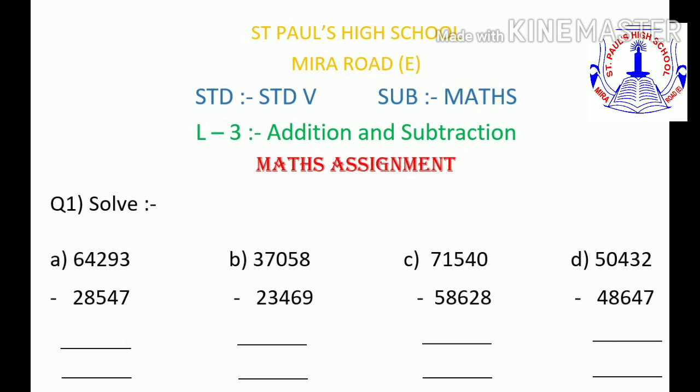C, 71,540 minus 58,628. D, 50,432 minus 48,647.